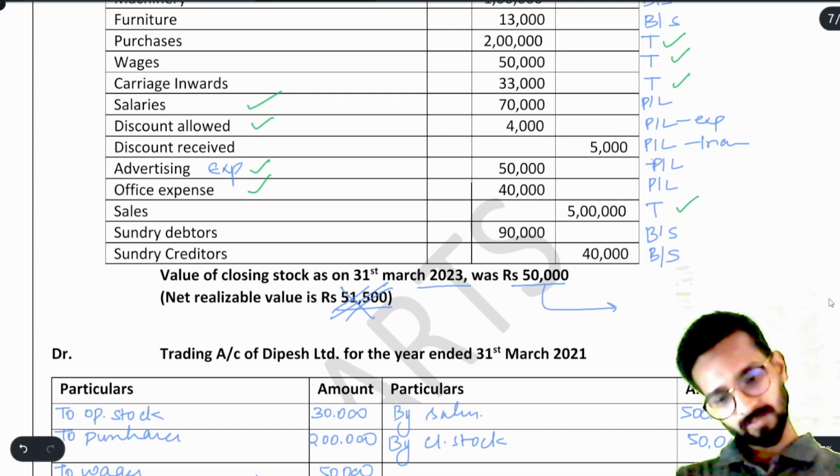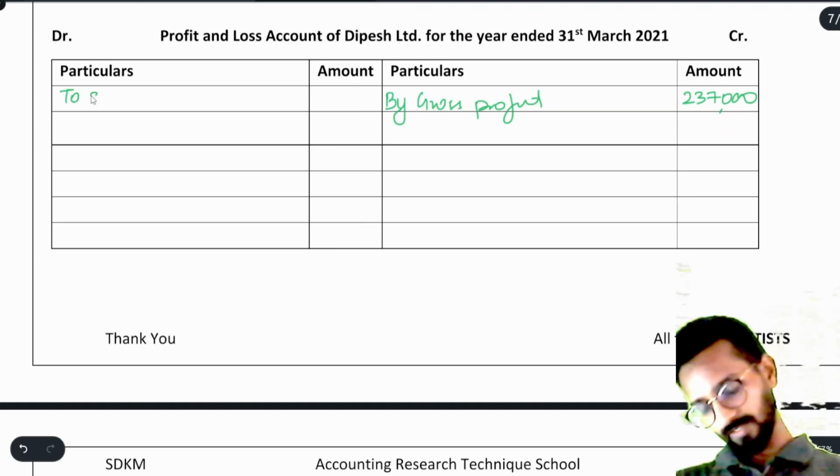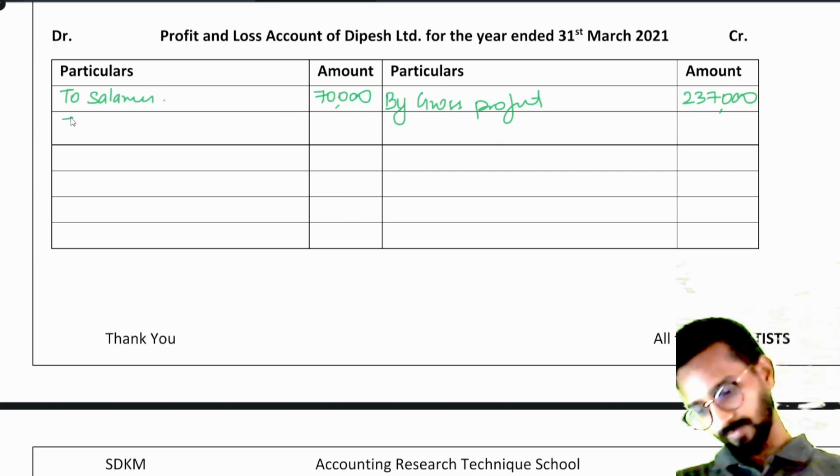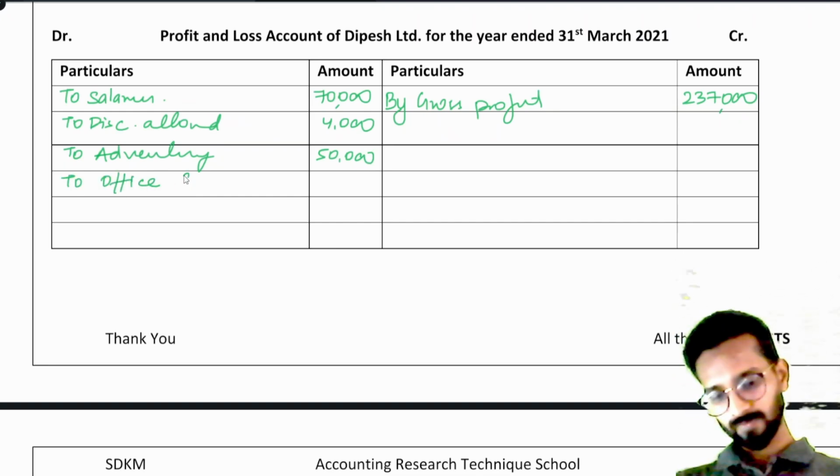So you will write "To salaries" 70,000, "To discount allowed" 4,000, "To advertising" 50,000. I hope you have already taken the printout. "To office expense" 40,000. Simple.